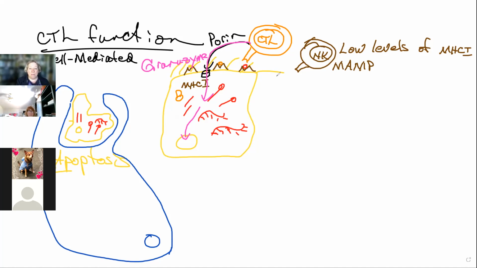And so we can make a whole lot of CTLs that are looking for lots and lots of different epitopes, whereas natural killer cells are never going to look for anything other than these MAMPs. These specific patterns that we have just genetically built into us to look for. Great questions.